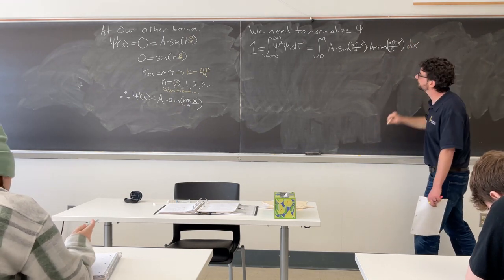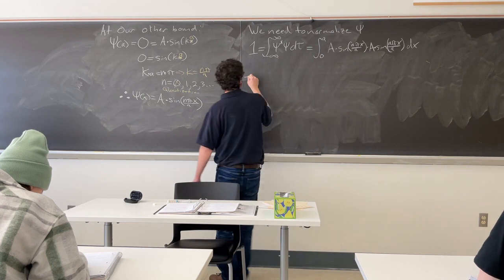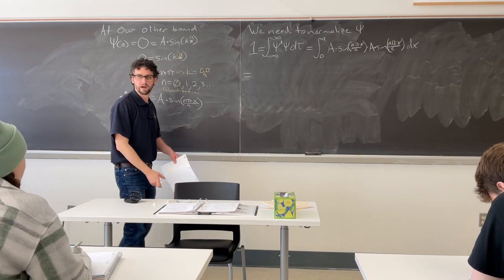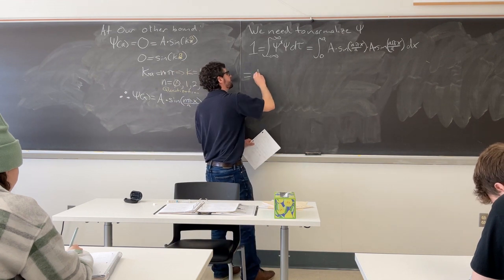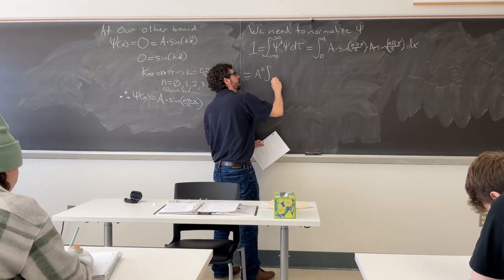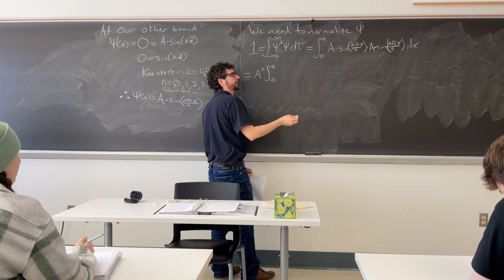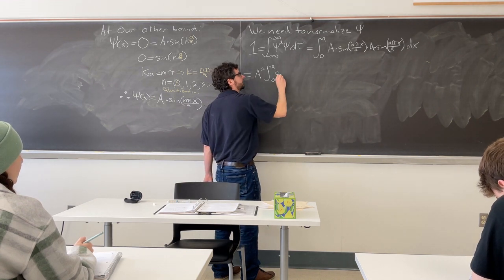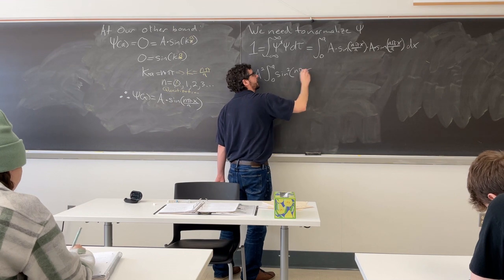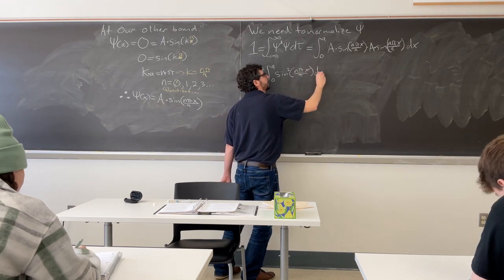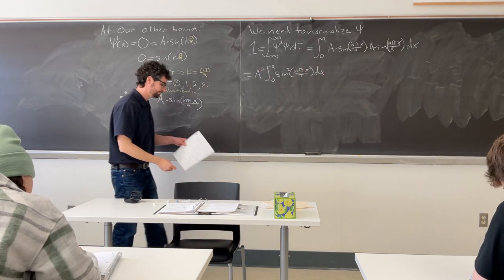Yep. Okay, can you simplify that for me? Is there anything you'd pull out or combine? Yep, get rid of A squared, pull that out front. Integral from 0 to A. What about the other stuff? Yep, sine squared n pi x over A dx.